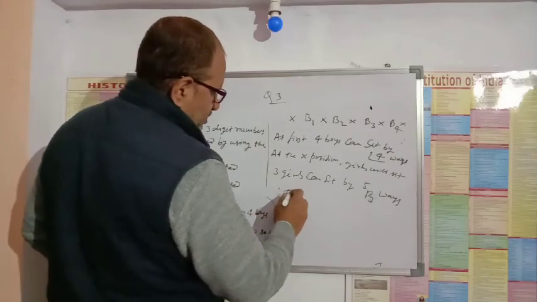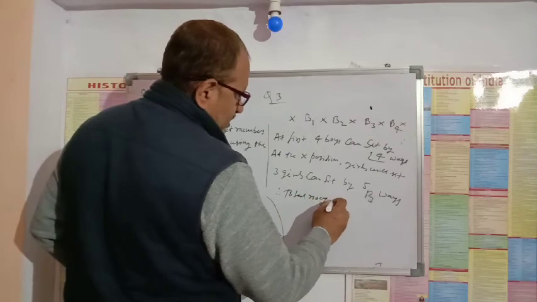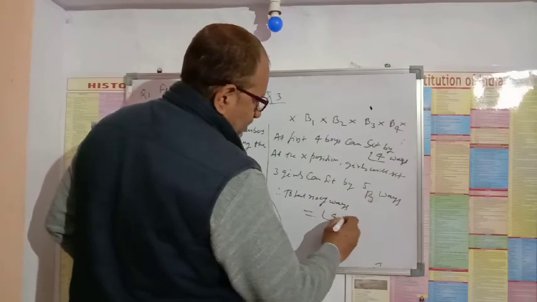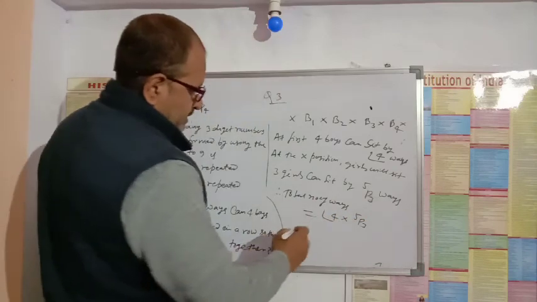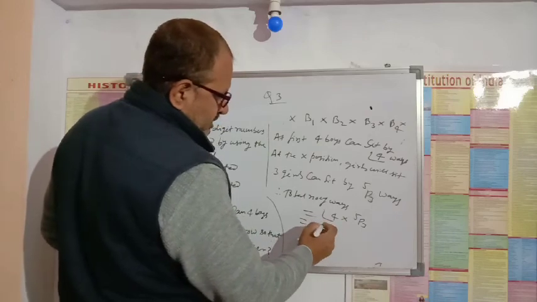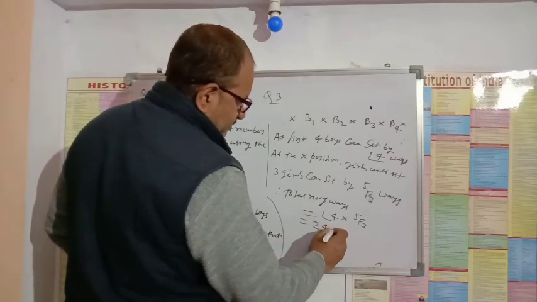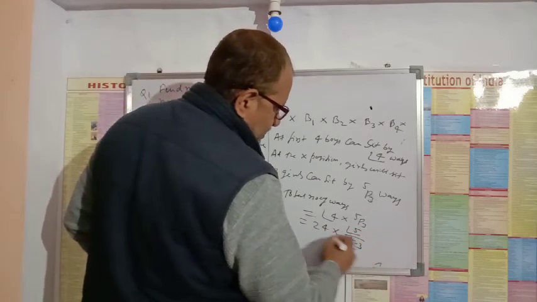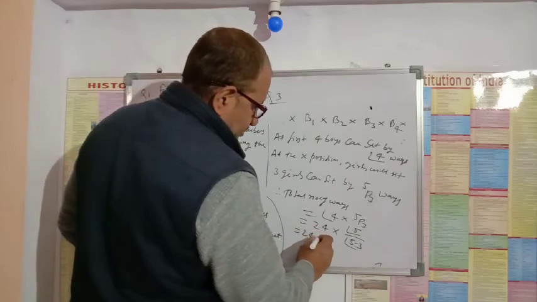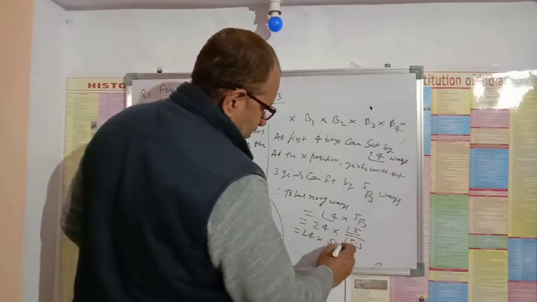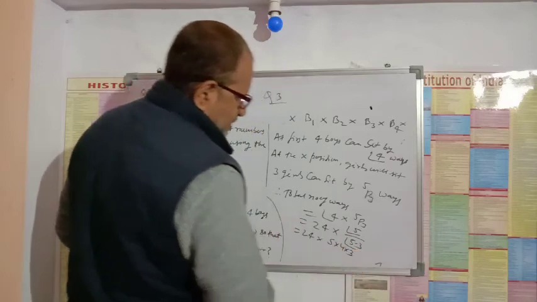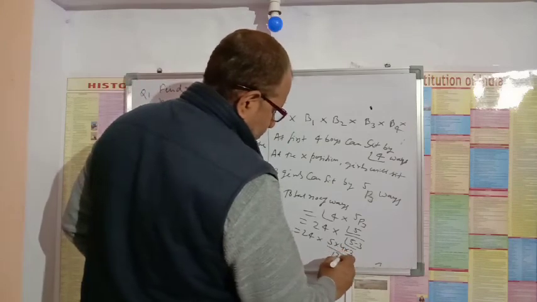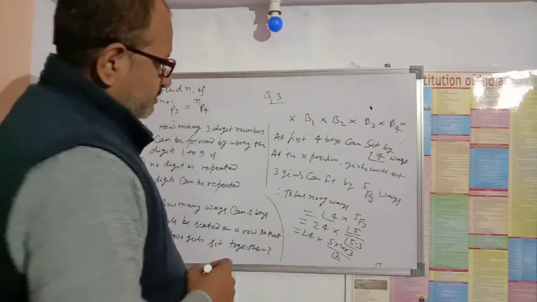So therefore, total number of ways of sitting will be factorial 4 into 5P3. Factorial 4 is 4 into 3 into 2 into 1, which is 24. And 5P3 is factorial 5 by factorial 5 minus 3, which is 5 into 4 into 3 by factorial 2.